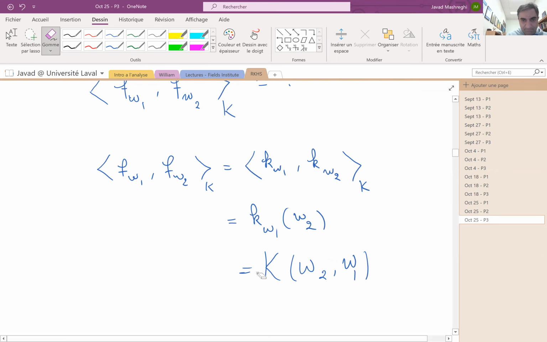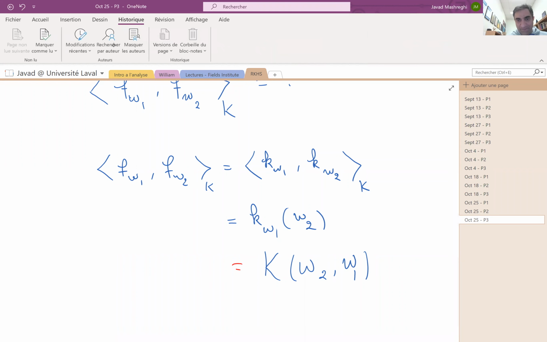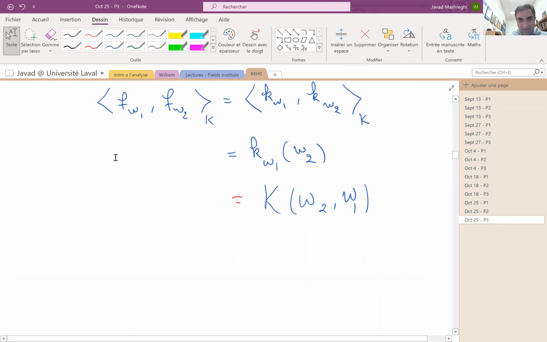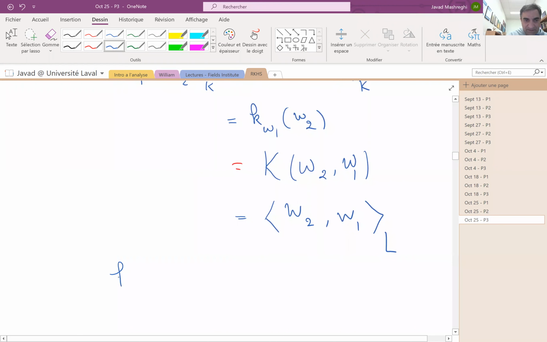Again, I write it in red to be careful here. And that, by the original definition of K, is the inner product of w2 and w1 in L. So the golden formula is that f_{w1}, f_{w2}, their inner product in K, is equal to the inner product of w2 and w1 in L.